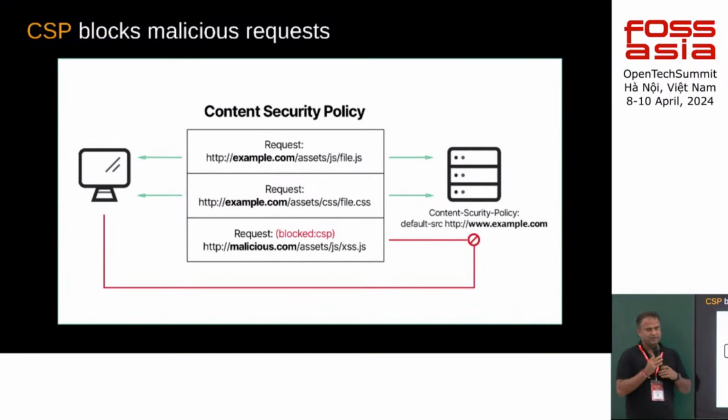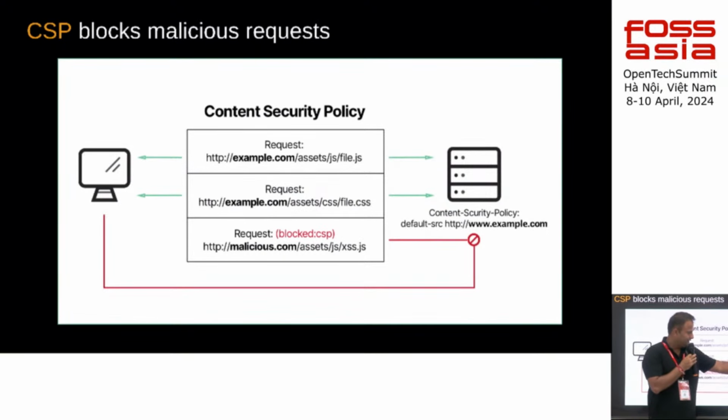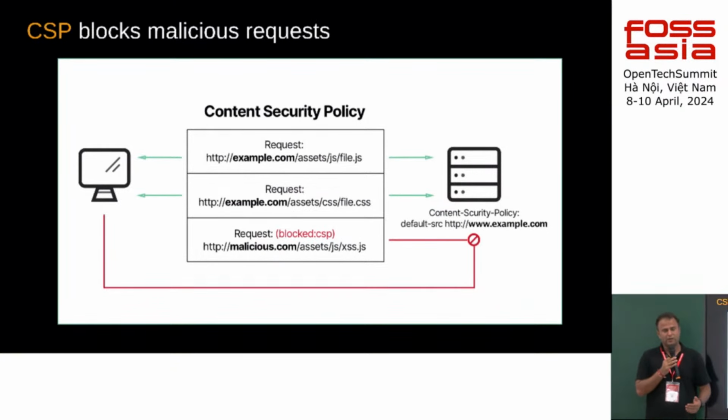To understand it better, let's use a diagram where we have set a content security policy with default source http://www.example.com, and that means that we will only allow certain resources to be loaded on the website from this particular URL.